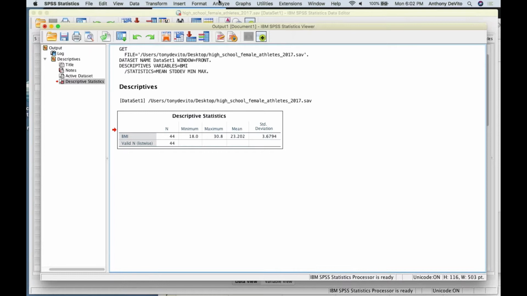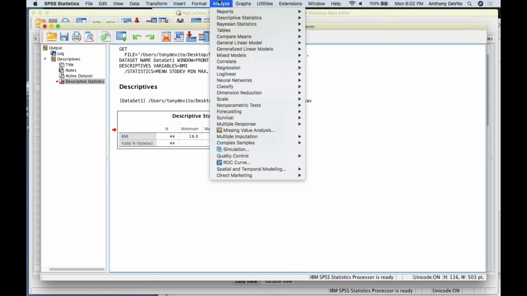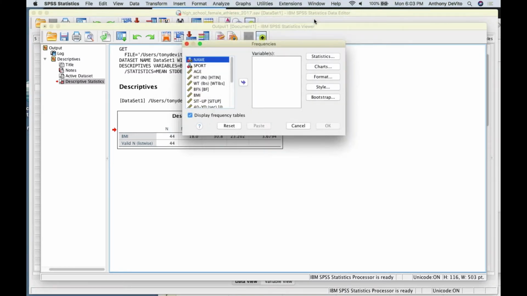Well, there are two ways around that. I'm going to go back to analyze, descriptive statistics. I can go into frequencies, or I can go into explore. I'm going to go into frequencies for the moment. Normally, I'd only use frequencies for a categorical variable, to find out how many males or females there are, like a count.